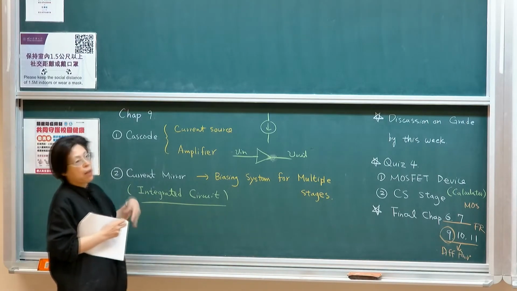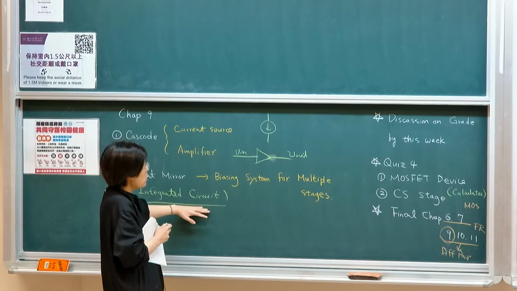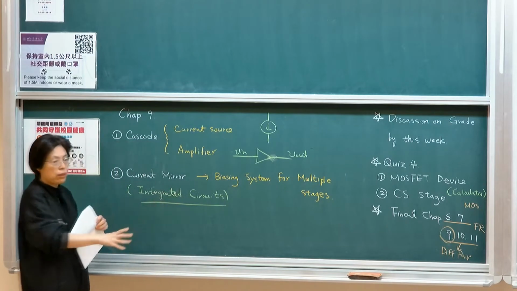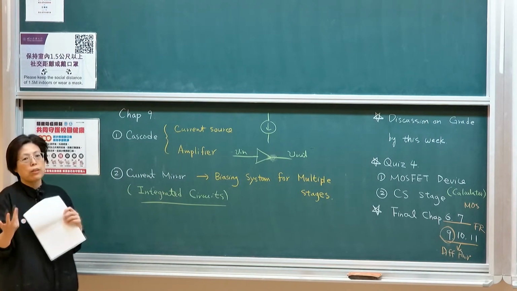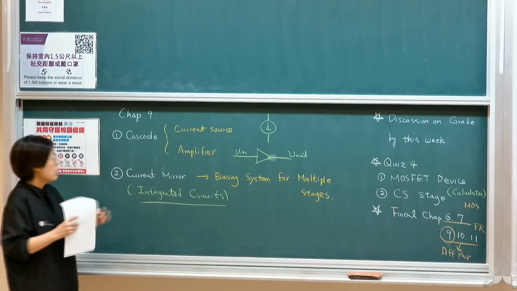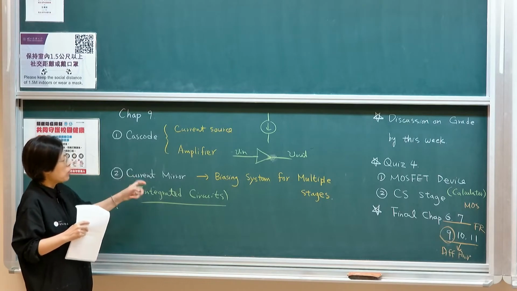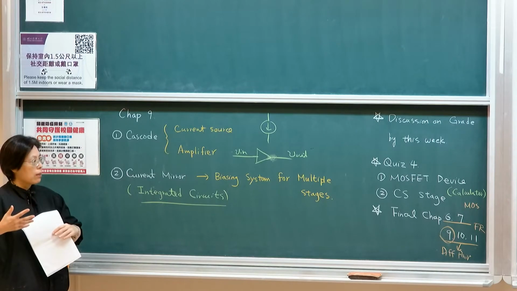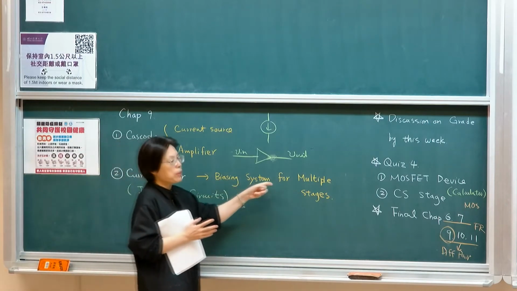So it's mostly used in integrated circuits. You don't actually see this too much in discrete components. In discrete circuits, you do resistor biasing. But for integrated circuits, we can use this type of system to do biasing for multiple stages.